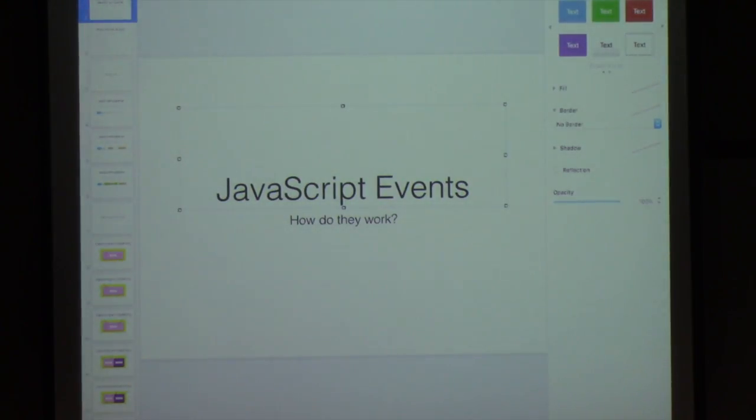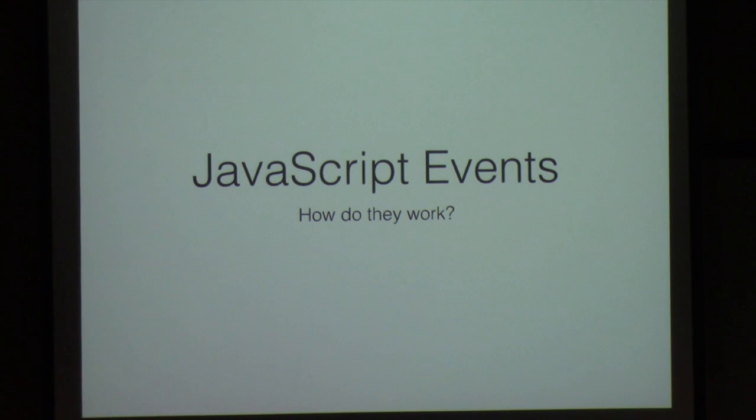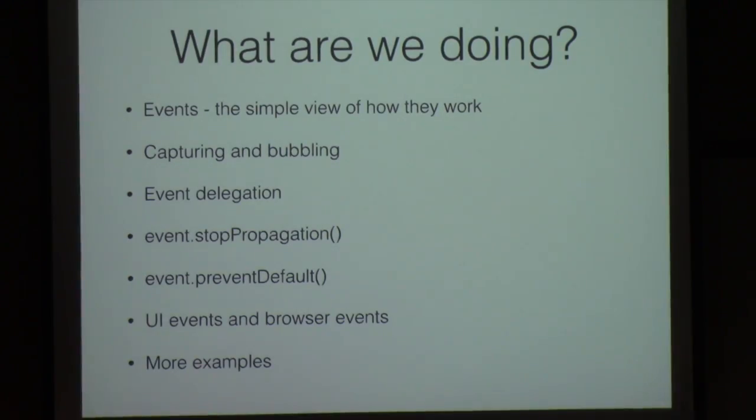So, JavaScript events. Okay, let's get started. Here's what we're basically going to talk about today. One, we're going to look at a very simple example of events in JavaScript and just get our feet wet with that. Then we're going to talk about the concept of capturing and bubbling. This is something that developers often don't understand first about how events work in browsers in JavaScript.